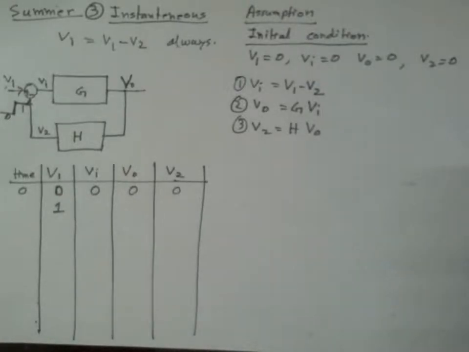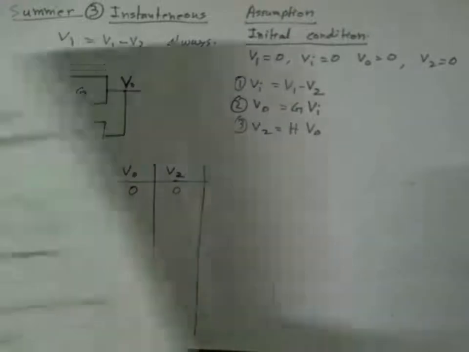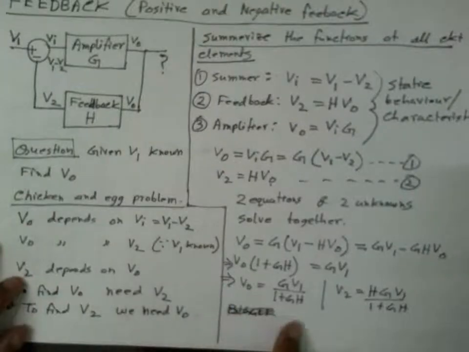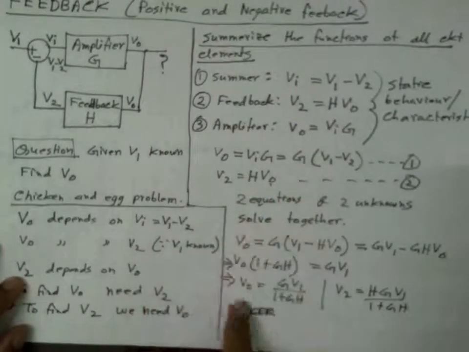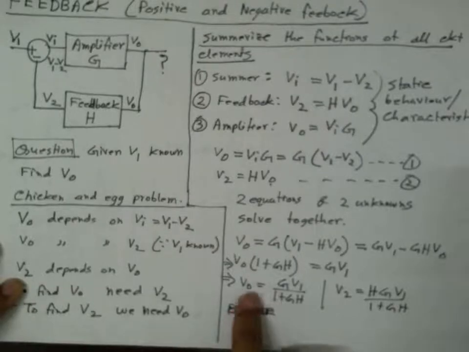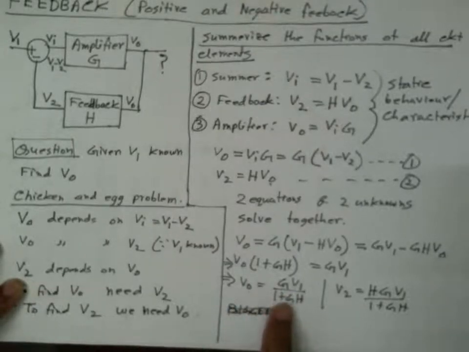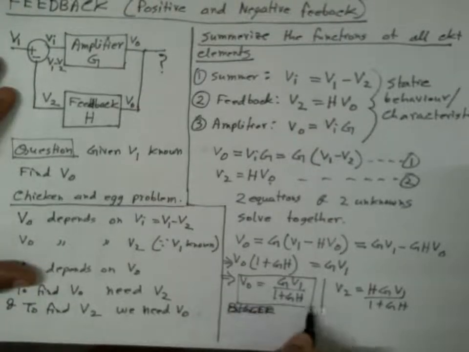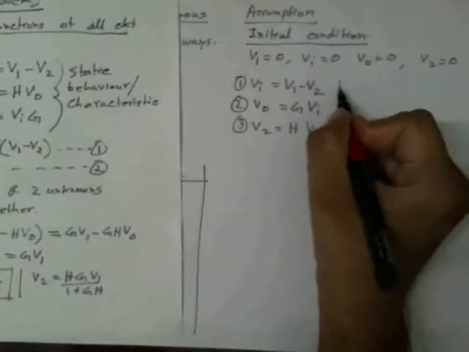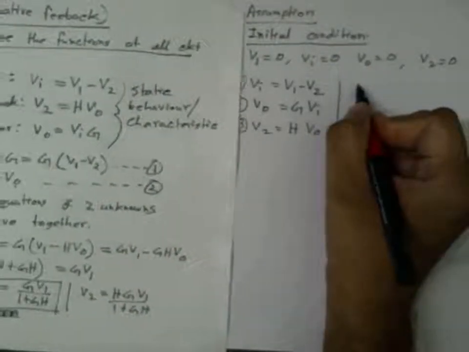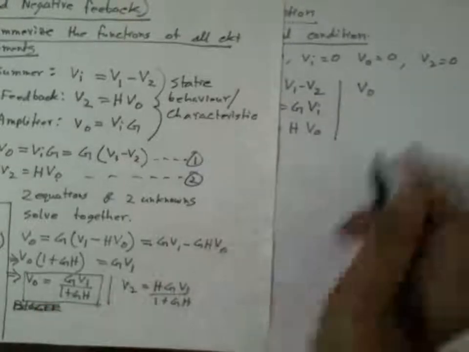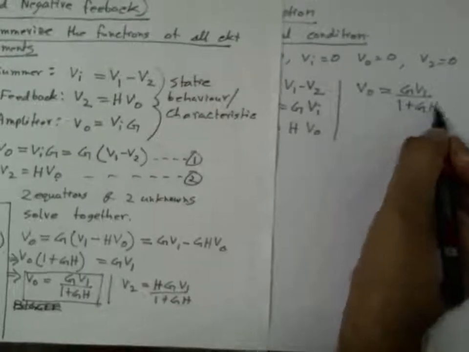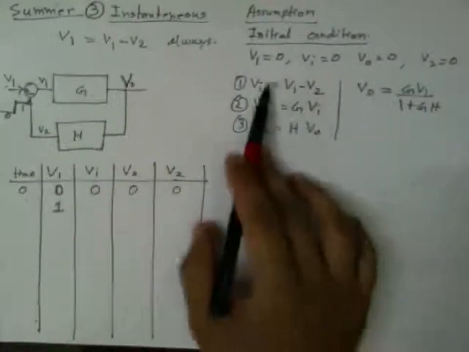Now let me go back to the first page where I had solved this set of equations and arrived at the conclusion that VO should be equal to GV1 by 1 plus GH. Let me rewrite this here for ready reference: VO equals GV1 by 1 plus GH. This is what we got by solving all these equations together.